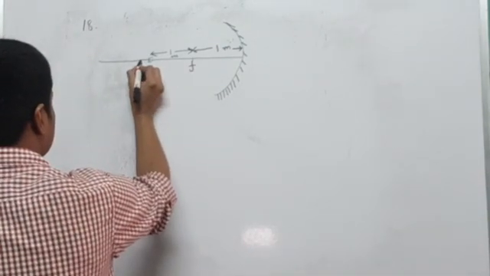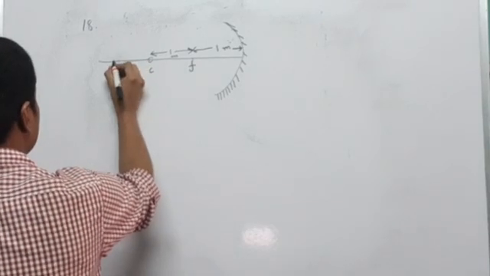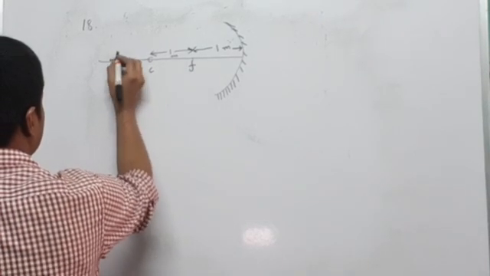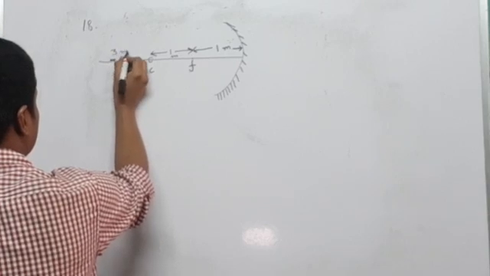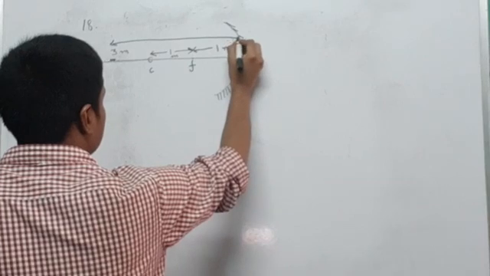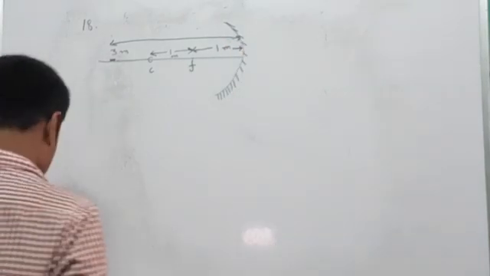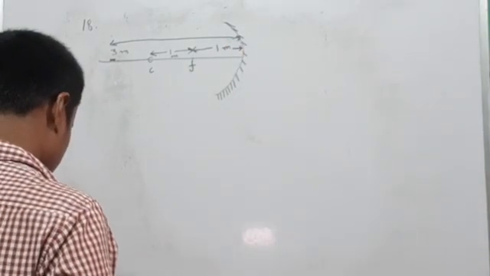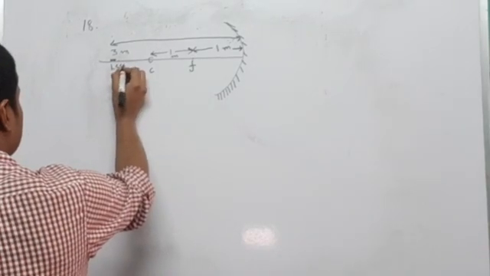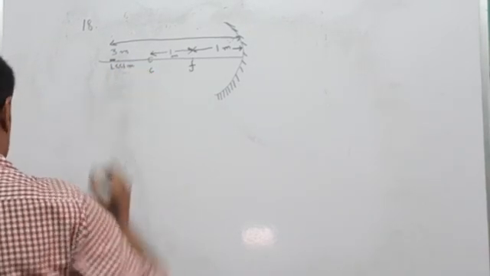So somewhere here, let's say the rod is placed. This distance is 3 meters. And it says that L, the length of the rod, is much less than 1 meter.